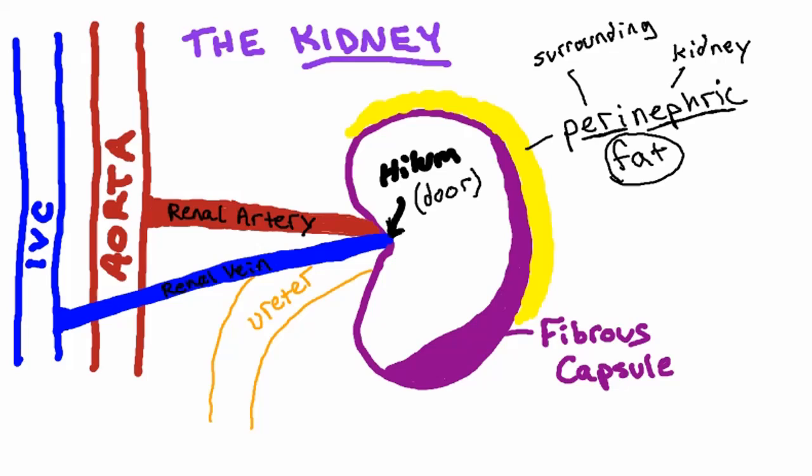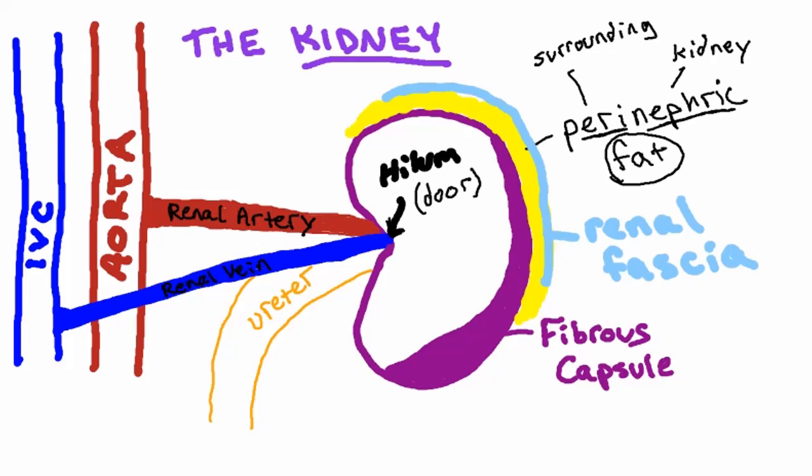And then around the perinephric fat, let's draw this, you're going to have another layer called the renal fascia. And the renal fascia is what anchors the kidney to the surrounding tissues.